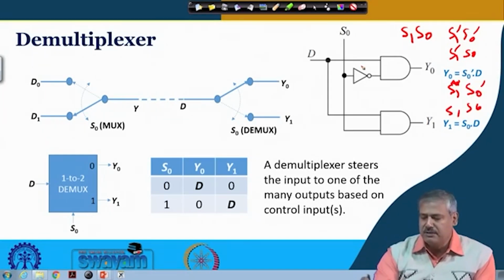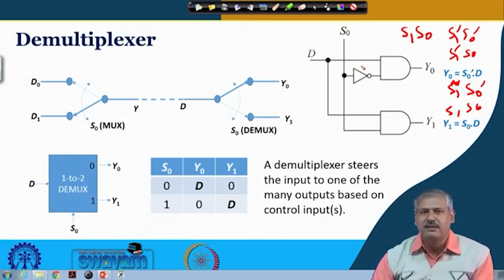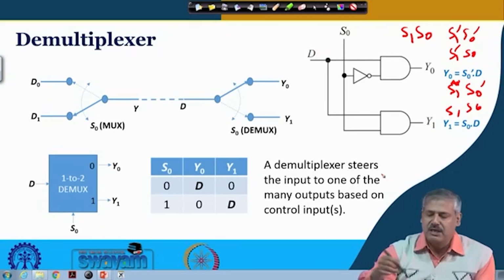These four combinations will be generated using an appropriate number of NOT gates, and they will be connected to the corresponding AND gates. So, there will be 4 such AND gates with three inputs, similar to what we had seen in case of multiplexer.